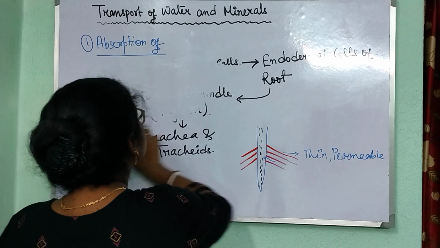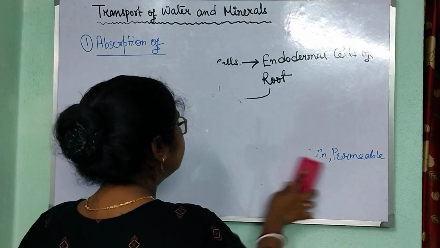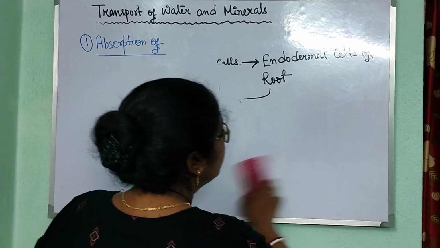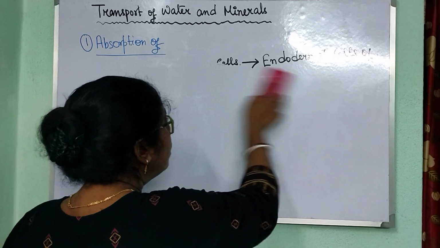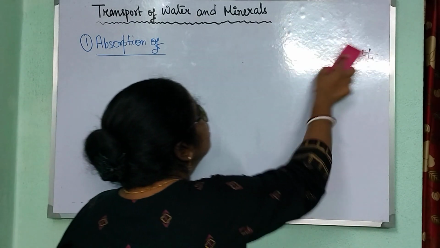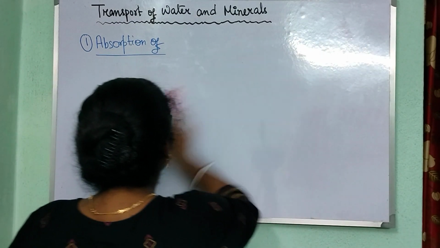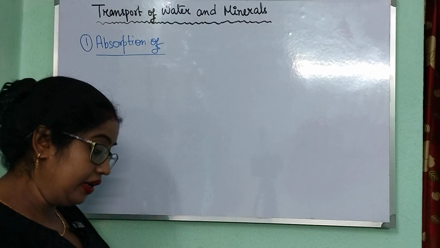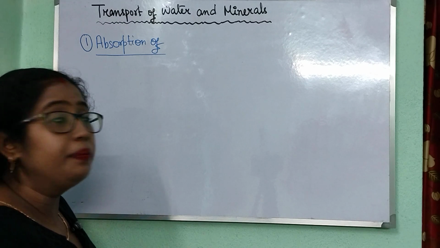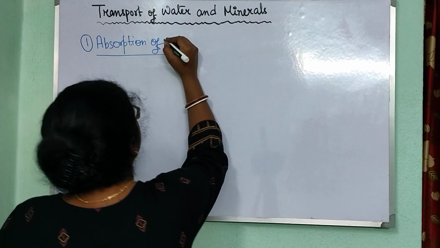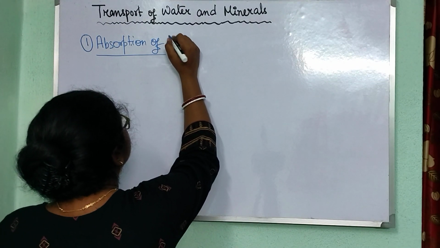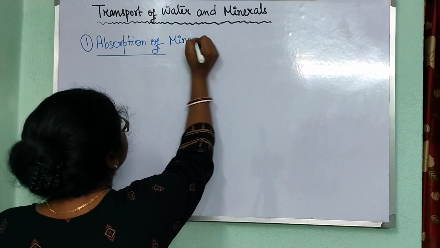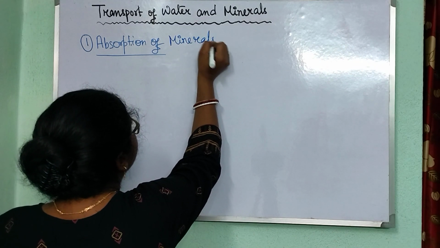Absorption of minerals is done by the same thing, but in the case of water, the water absorption is actually done by the root pressure, or the absorption mechanism of the root hair.